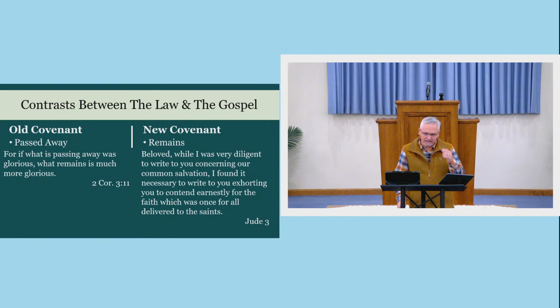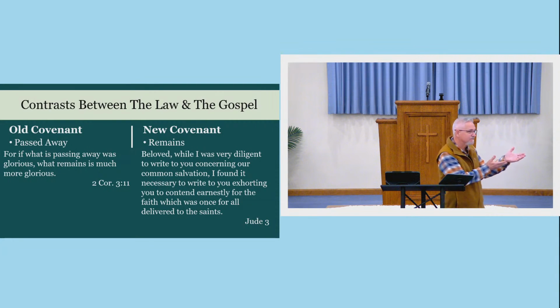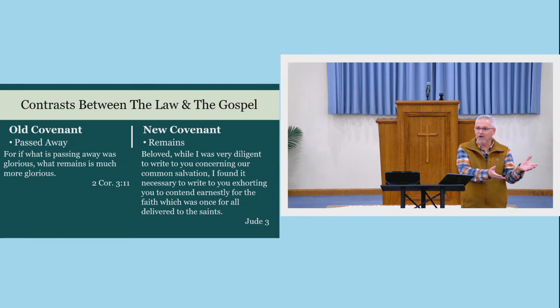The last point in that chart that we were looking at, the old covenant has passed away. 2 Corinthians 3 and verse 11, you remember the conversation, we looked at this last week, about the old law was glorious, but the new law was more glorious, right?